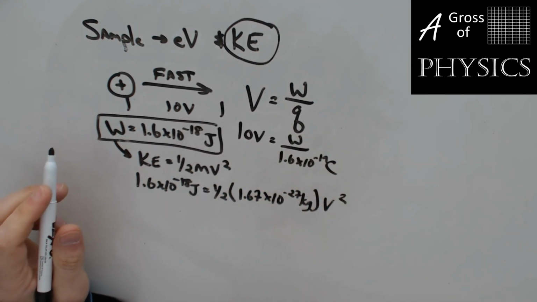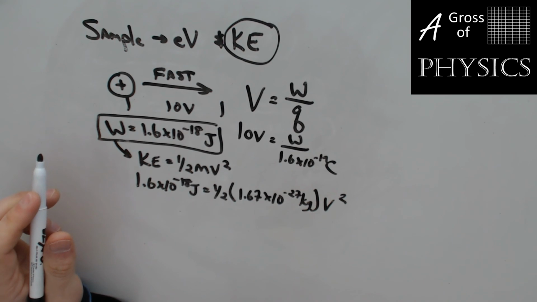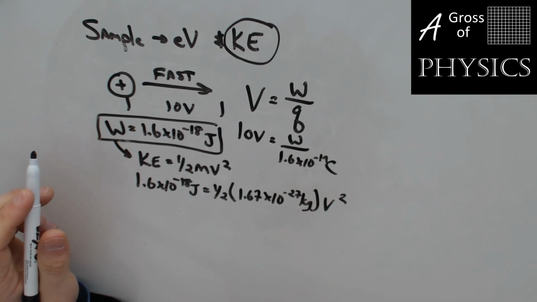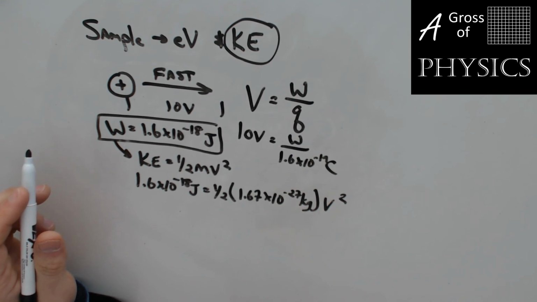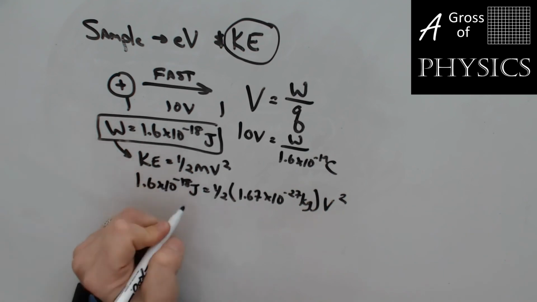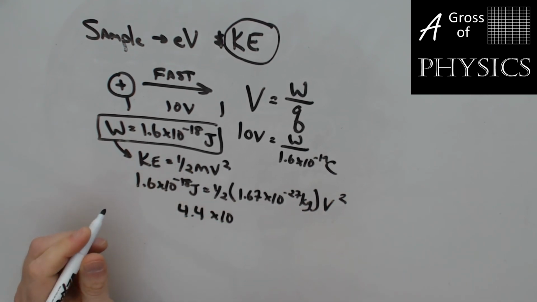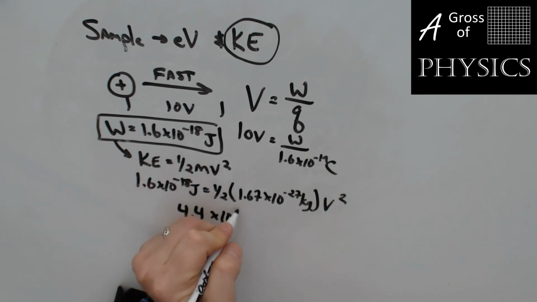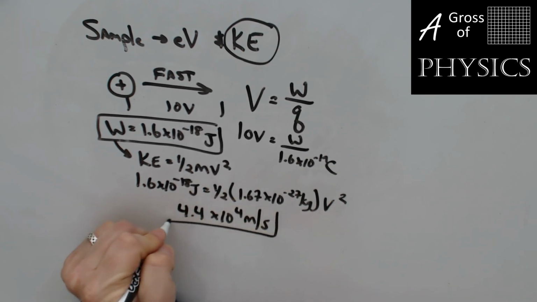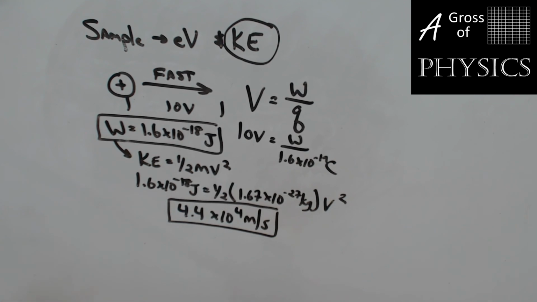So let's do the math now. 1.6 e negative 18 divided by 0.5 divided by 1.67 e negative 27, and we're going to take the square root. The square root gets us 4.4 times 10 to the 4 meters per second. So it moves quite quickly, but a proton's very light, which is why.